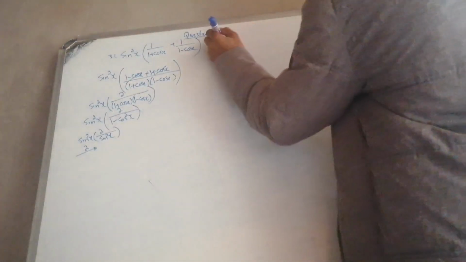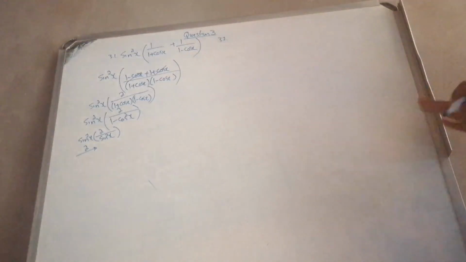So in 3.2, we have the following. They say we should simplify. And what is it that they want us to simplify?